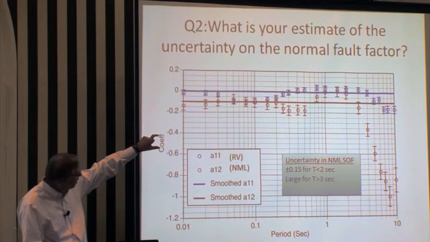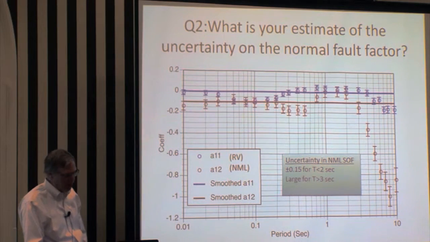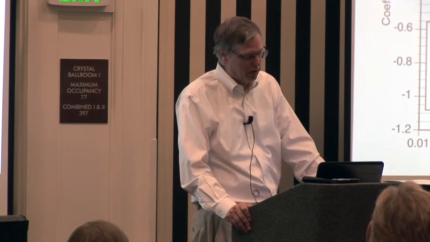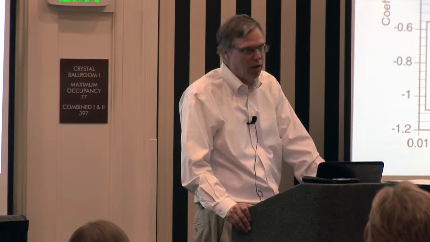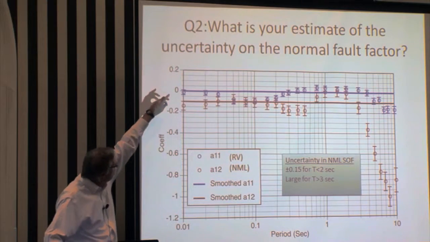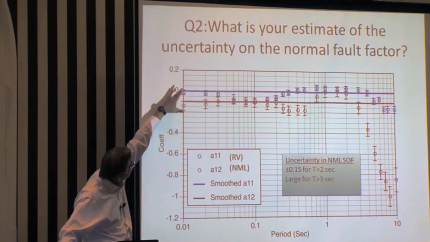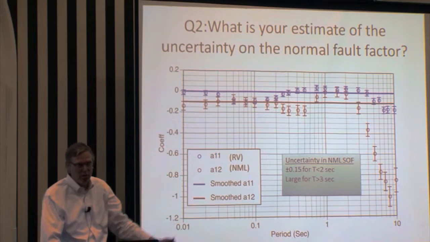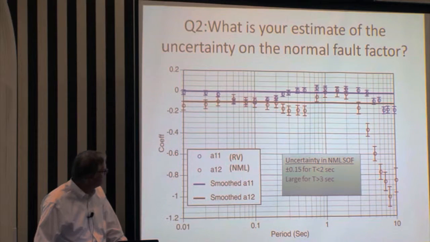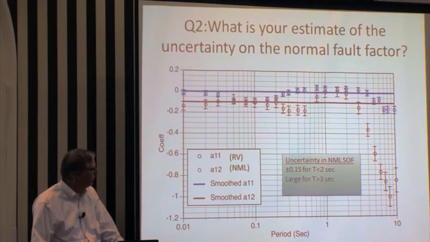The error bars are the standard error of the coefficient. The red line is what we used in our model, so we just used a constant 10% reduction. But you can see here at the shorter periods, this is probably uncertain to plus or minus 0.1 or so magnitude units. I would say if you really wanted to capture the whole range, put in plus or minus 0.15.